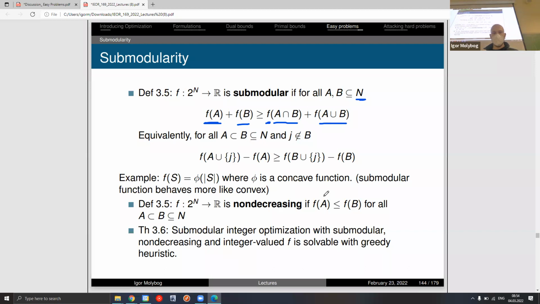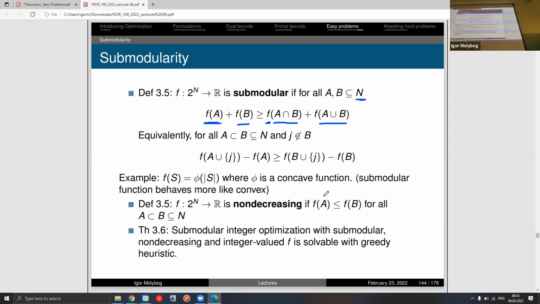Another important assumption that would allow us to solve this problem is that a function f is in fact non-decreasing. So besides submodularity, there is a requirement of non-decreasing. Once again, if you have any two subsets A and B, and A is a subset of B, you must require that the value of f of the smaller subset is not greater than the value of f of the larger subset.